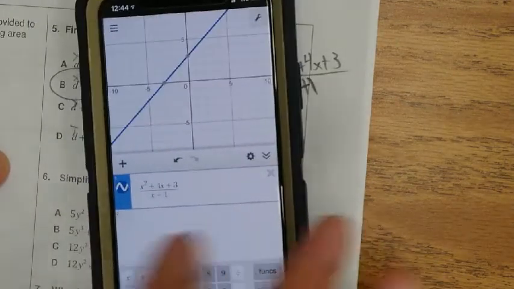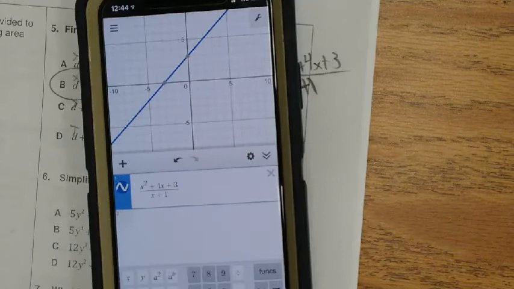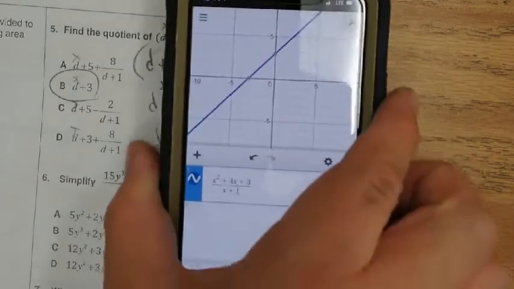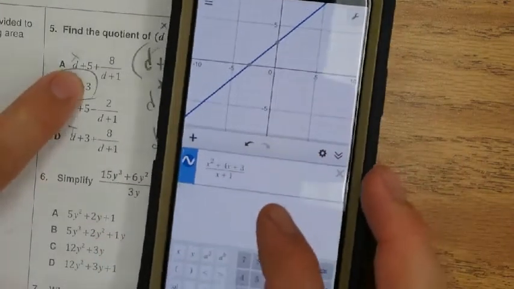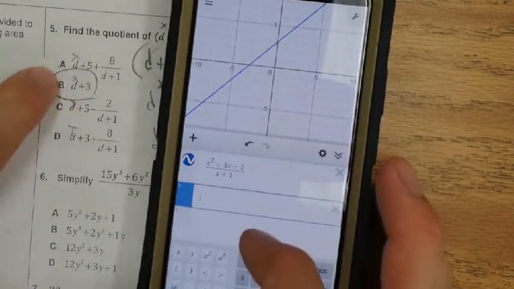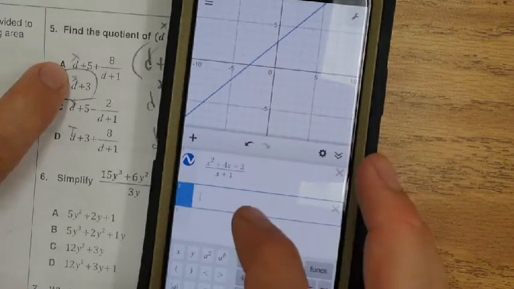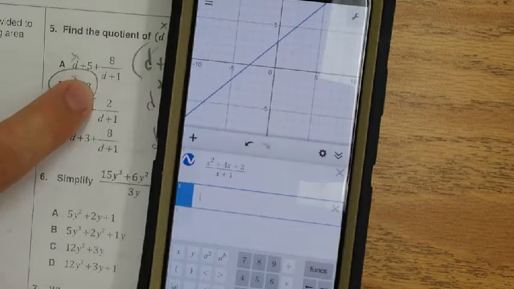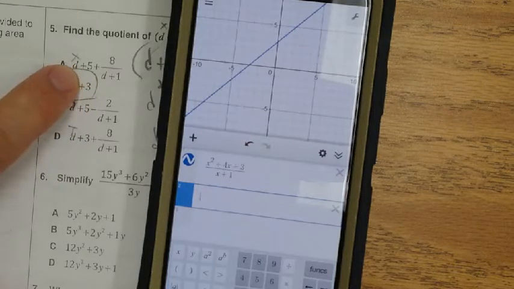Once you do that, you get a straight line, and that's what this divided by x plus 1 is. Then you could try each one of your answer choices, and they should make the same exact line. But once again, we cannot put d in the graph, so what are we going to put instead of d?